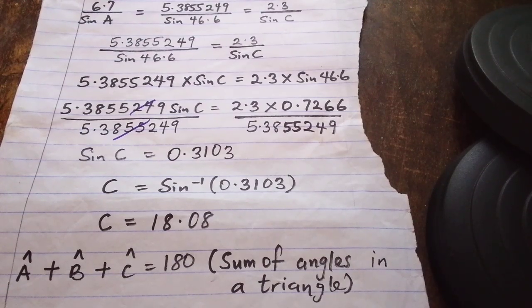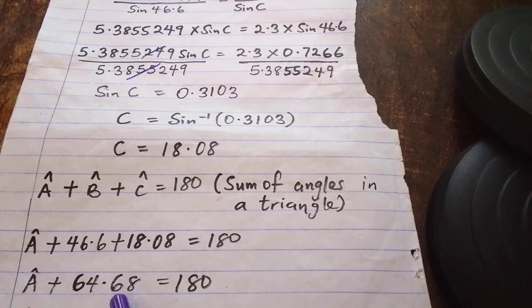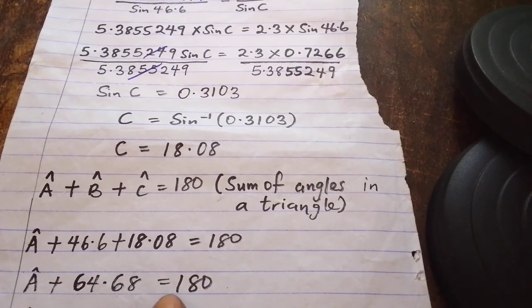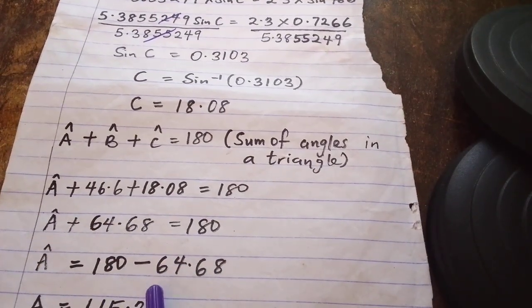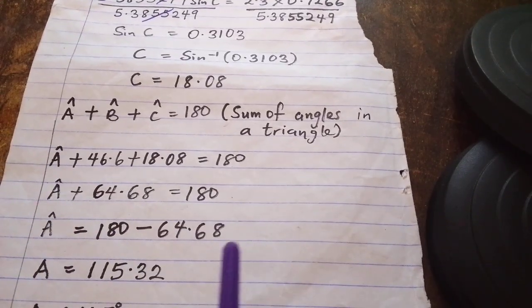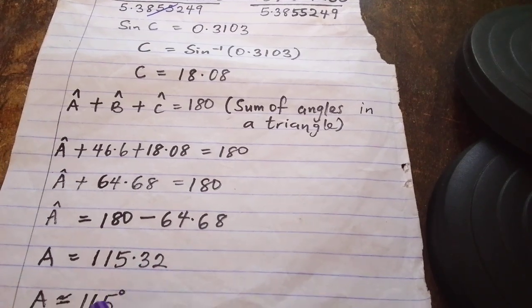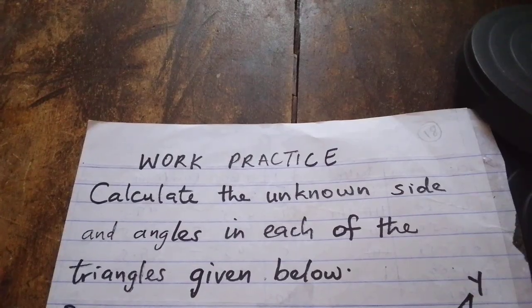Angle A will now be equal to 46.6 plus 18.08, which is 64.68, equal to 180. If you bring this 64.68 to the other side, you have 180 minus 64.68, which will give us 115.32 degrees. To the nearest whole number, this gives us 115 degrees.